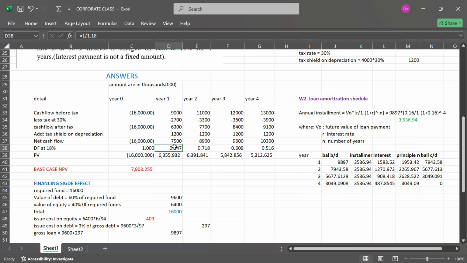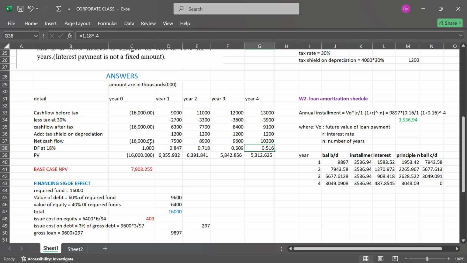This is the discount factor at rate of 18% year 1, and this is at rate of 18% year 2. This is at rate of 18% year 3, and this one is at rate of 18% year 4. And then the last thing to do here to get the present value is to take these net cash flows, then multiply by these discount factors as computed.